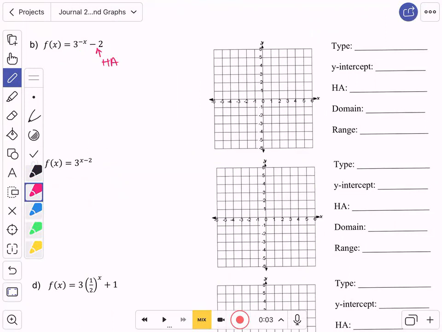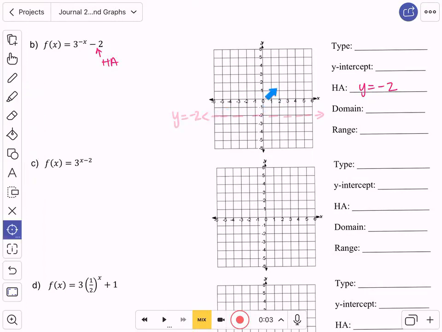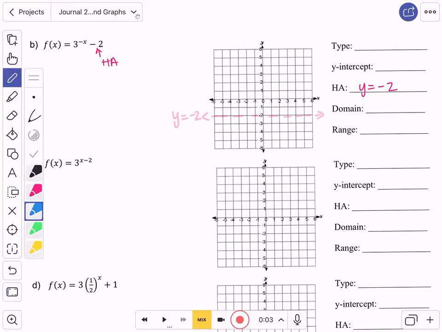So this is going to be y equals -2, is where I predict that this will be. So I'm going to go down and make a dashed line at y equals -2. So I know I should be gliding across this line, however way it is. I know that the domain for all exponential functions is all real numbers.